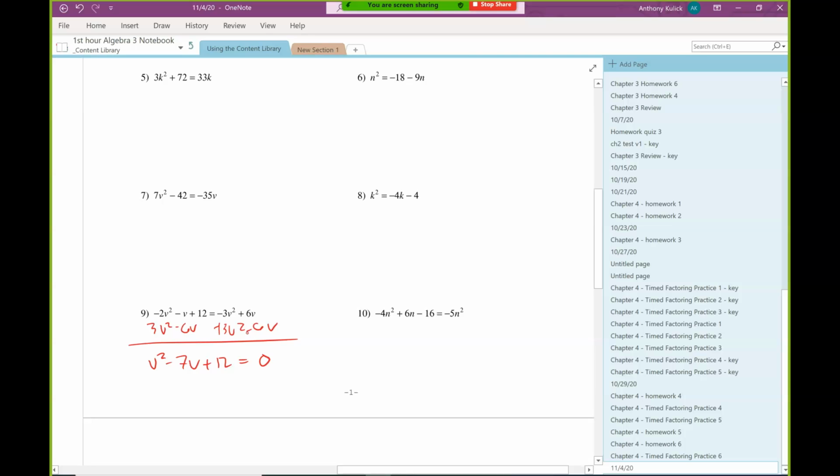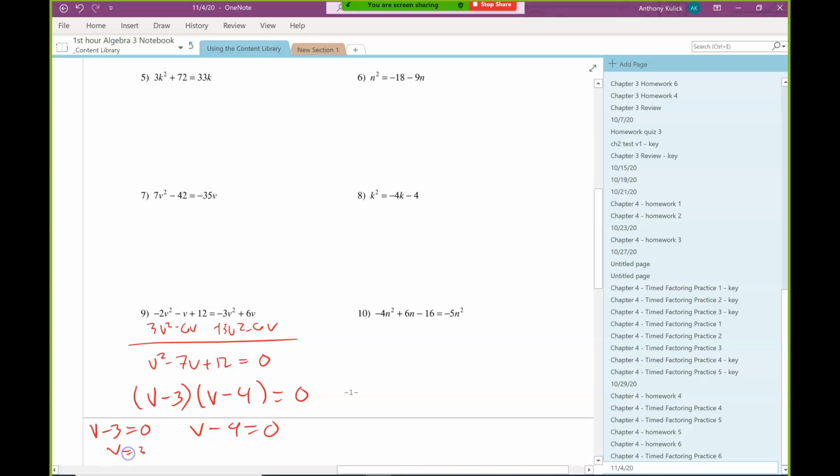Since the leading coefficient here is 1, I can do this using the shortcut. So I just need to find two things that multiply to give me 12 and add to give me negative 7. That would be negative 3 and negative 4. And then I can set each of those two factors equal to 0 and solve.